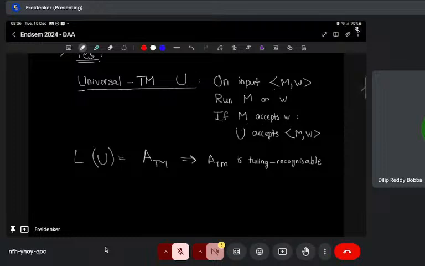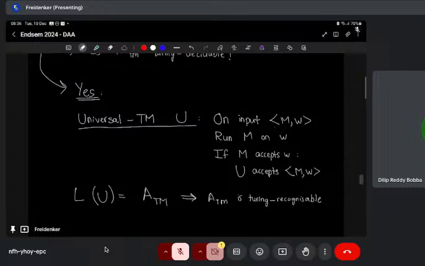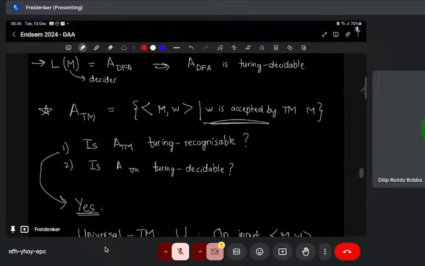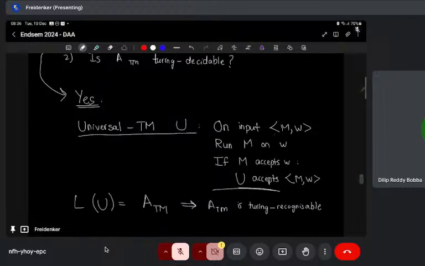We're only looking at strings that are accepted by M, not the other cases where w is rejected or the machine is still computing, going in loops. We got what we require.